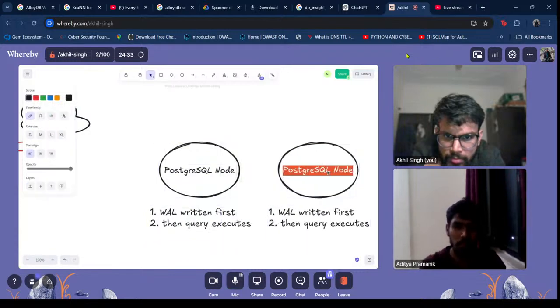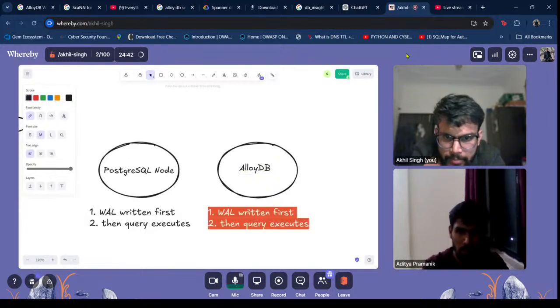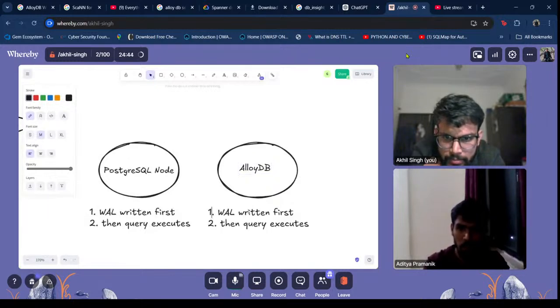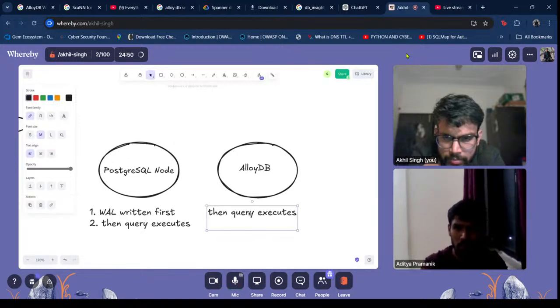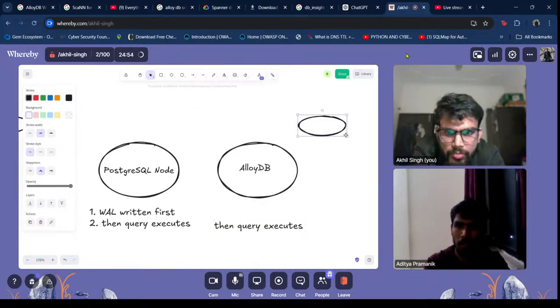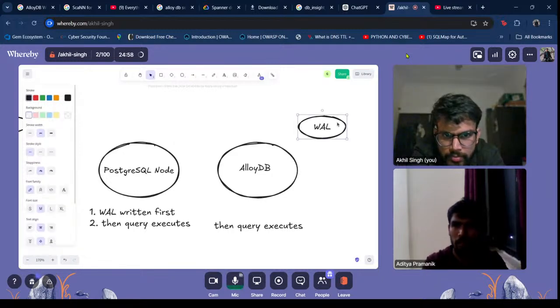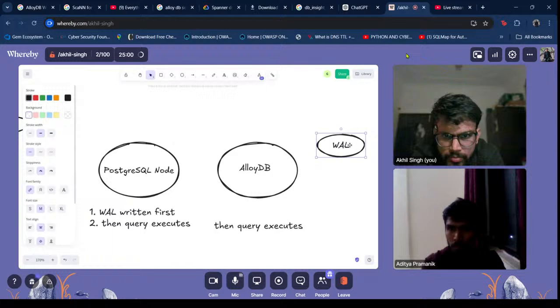In the case of AlloyDB, this is also a Postgres extension or a Postgres forked project. So they have taken out this part, it's not present there, and they have created another async service for that, and this will process all the WAL.